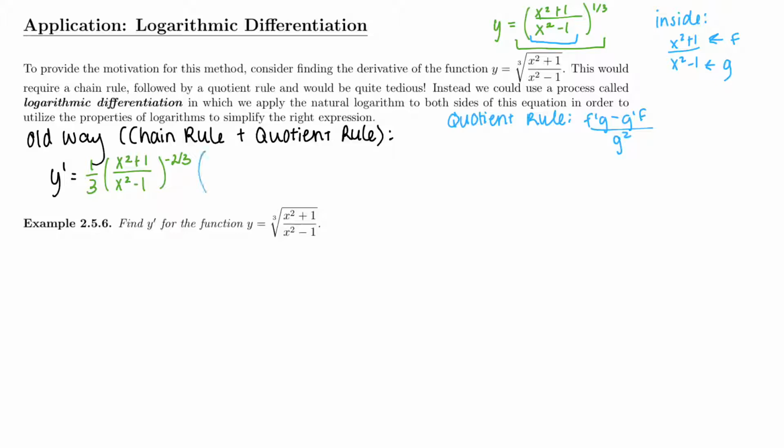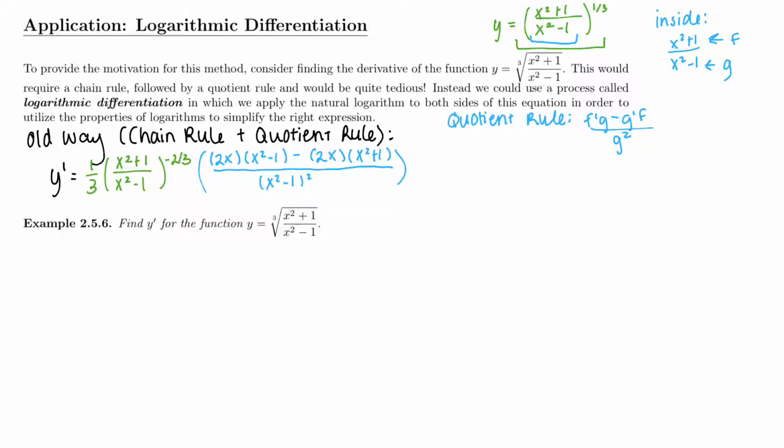All right, so now we're doing quotient rule. f prime is going to be 2x. g is x squared minus 1, minus g prime. The derivative of x squared minus 1 is 2x times f, which is x squared plus 1. And then all over g squared, so x squared minus 1 squared.